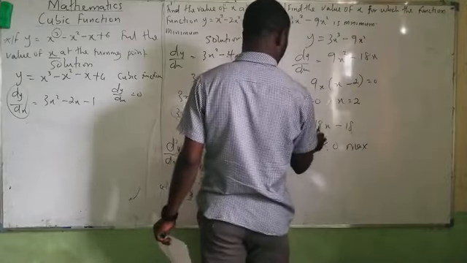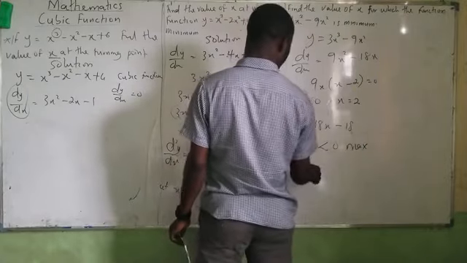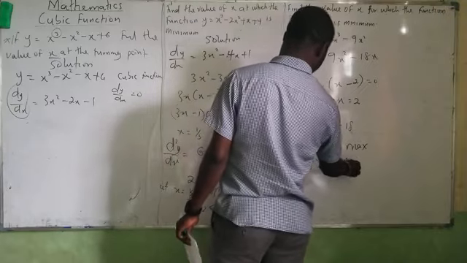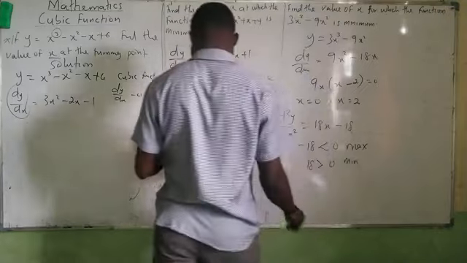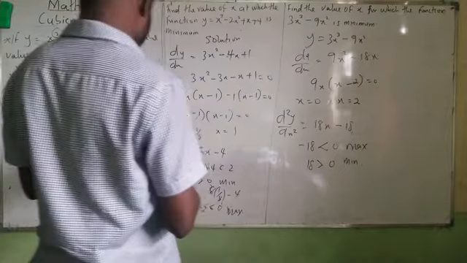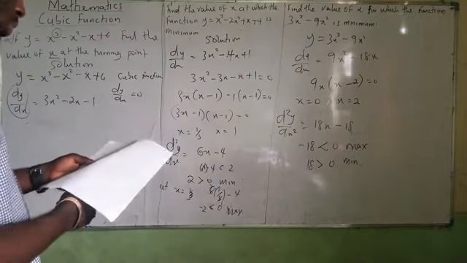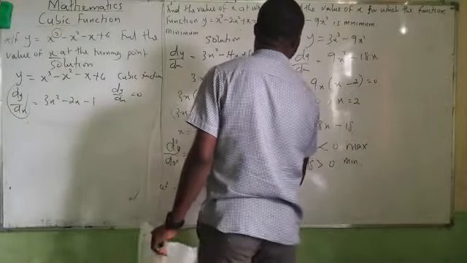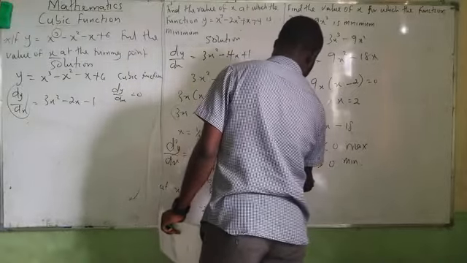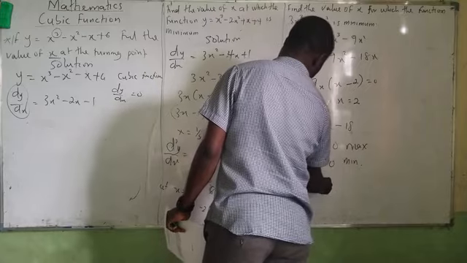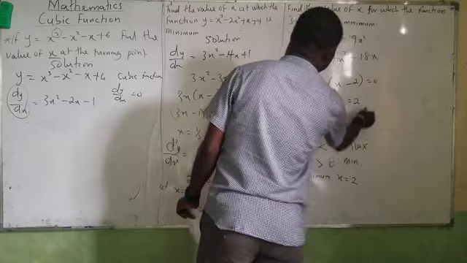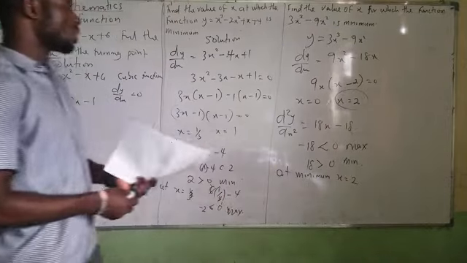And at x equals 2, I'll have 18, which is greater than 0, so it is a minimum. Please take note of that. That is all you just need to do. It means at the minimum, my x will be equal to 2. That is all about that.